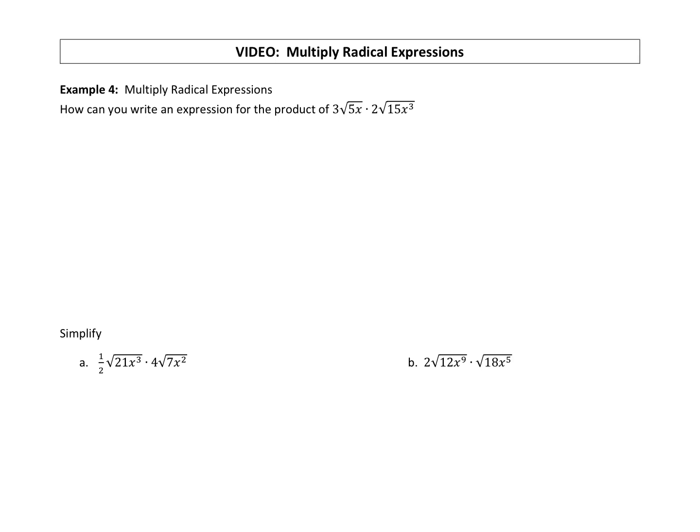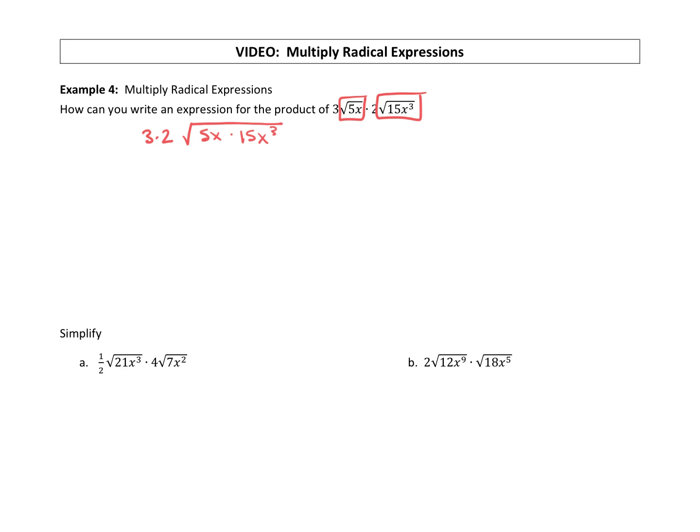So we're going to have a 3 times 2, and then multiplying square roots is just using that product of square root property backwards. We can put those back together underneath the same radical: 5x times 15x to the third.